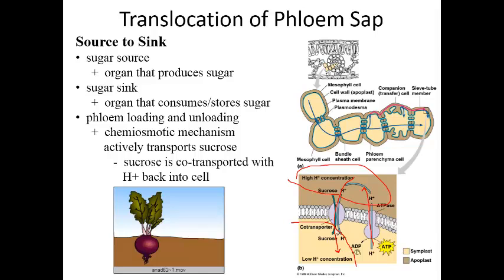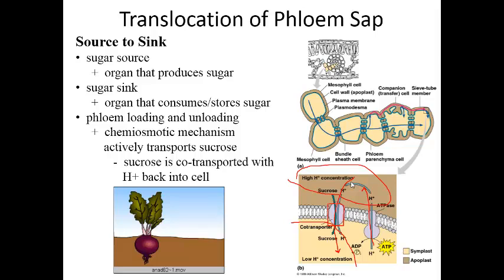In the membrane of the phloem, we see a co-transporter. Now, if you remember, co-transporters will only allow hydrogens to rush through if it's accompanied by another molecule. In this case, if it's accompanied by sucrose.